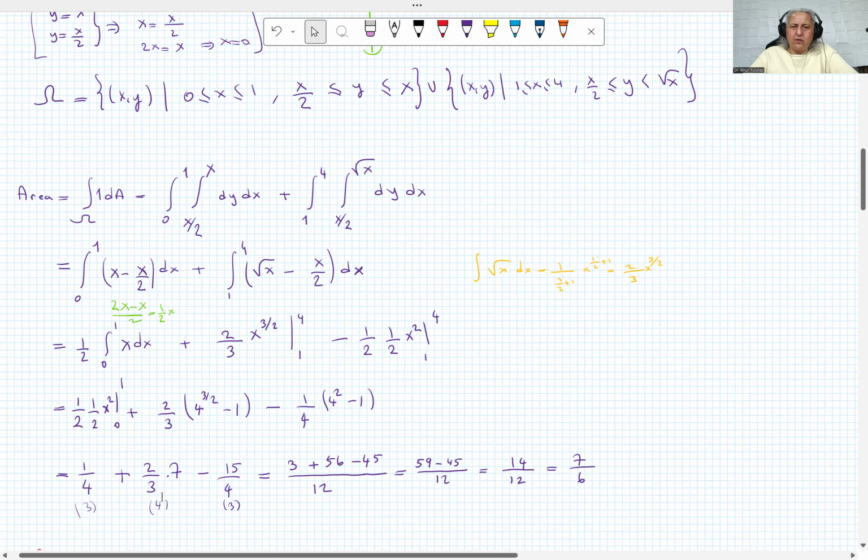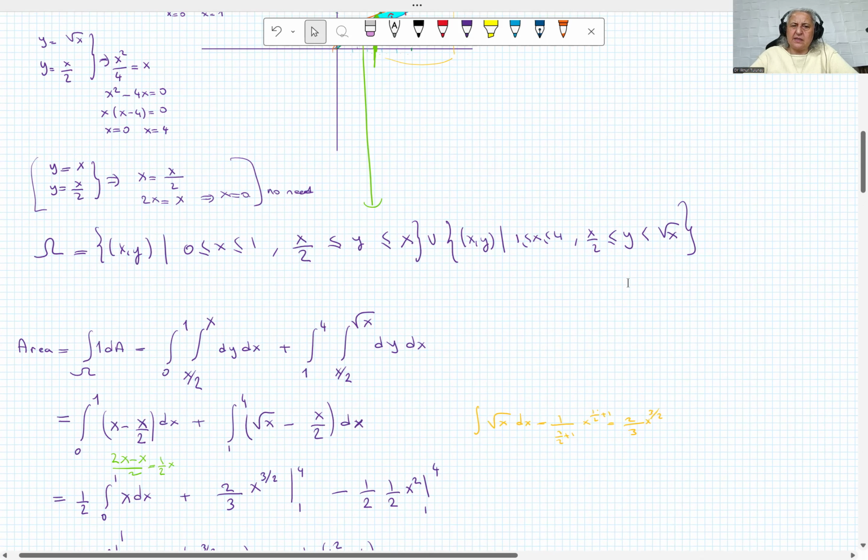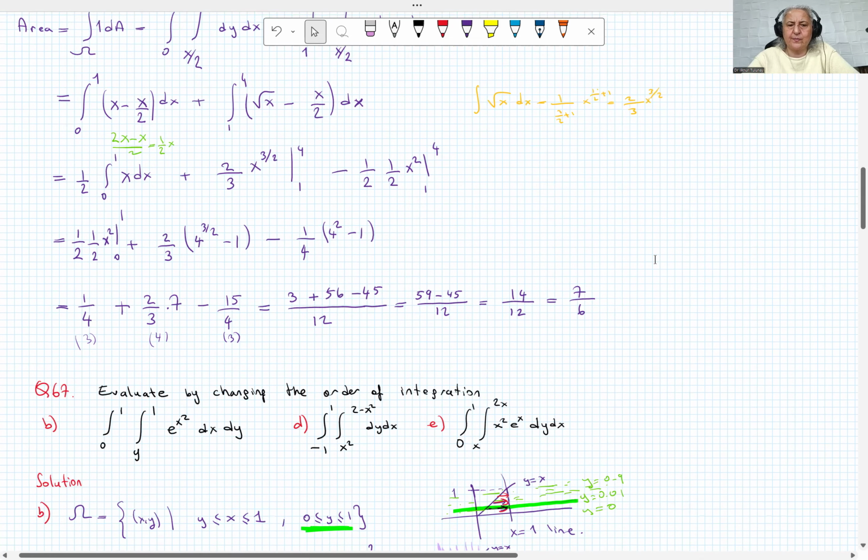We have 2 over 3, 7 from this side. 1 over 4, 4 squared minus 1. All together, just making the denominators the same, we will find eventually 7 over 6. I think this part is the key for this class, to be able to write down the region. That's the key idea for this exercise.